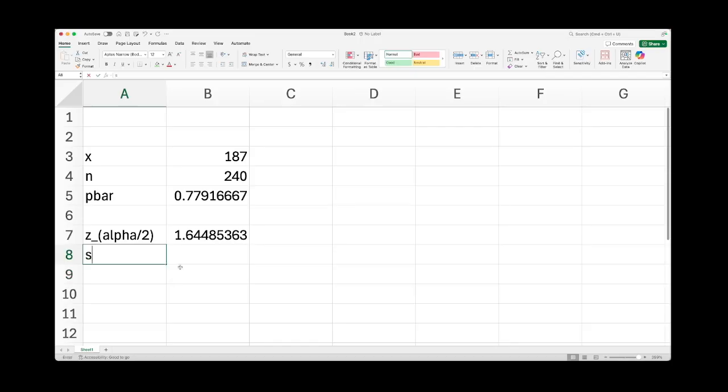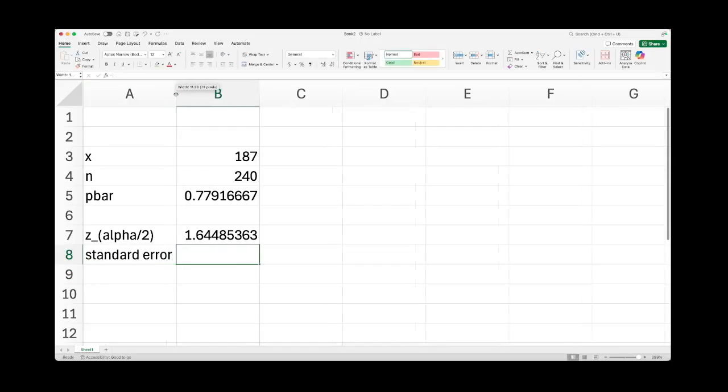We want to find our margin of error. First, let's find our standard error estimate. Technically what we're finding is an estimate. So this would be the square root of p bar times 1 minus p bar, with that 1 minus p bar in parentheses, divided by n, and all of that fraction is inside of the square root.